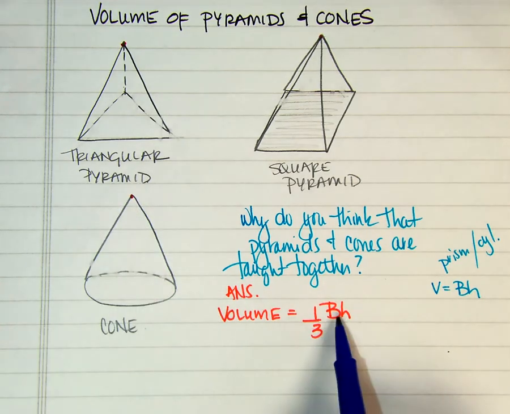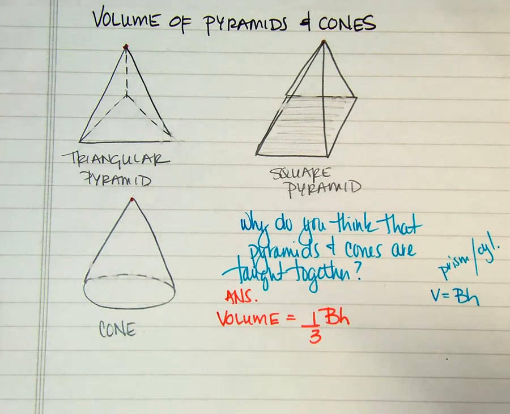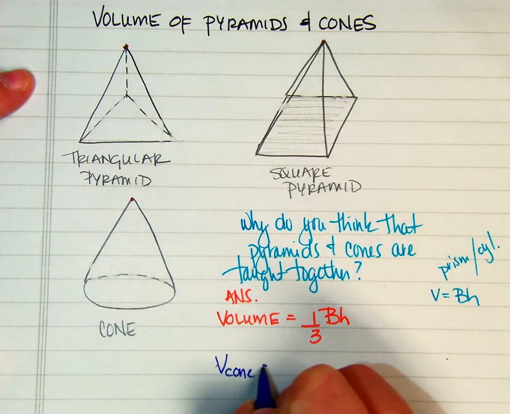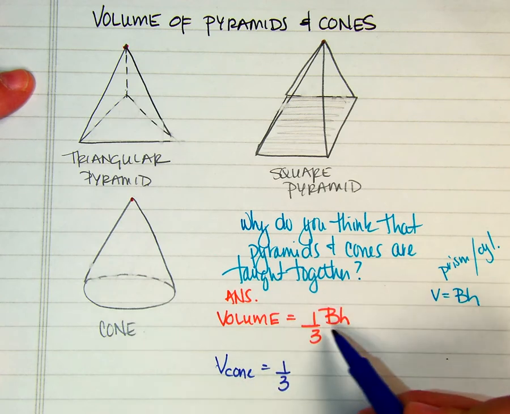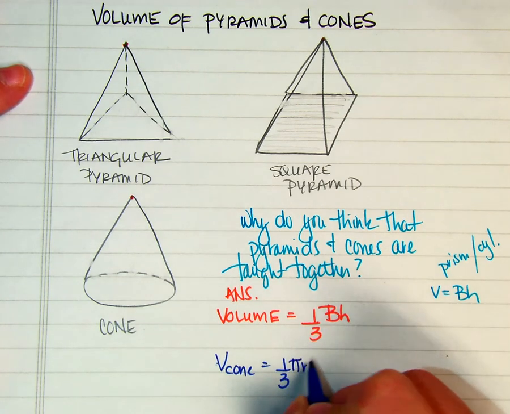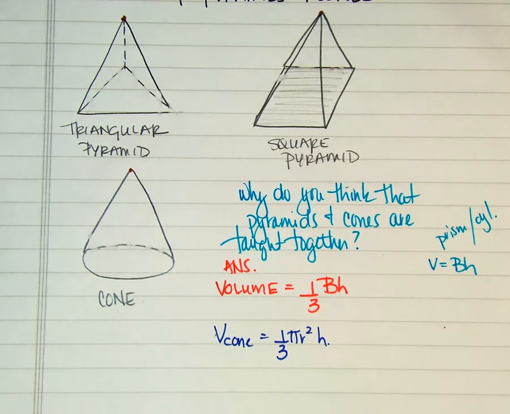So if you wanted to be more specific, the volume of a cone is 1/3 the area of the base, which is a circle, so that is pi r squared h. But if you just remember the one formula, it's going to work.